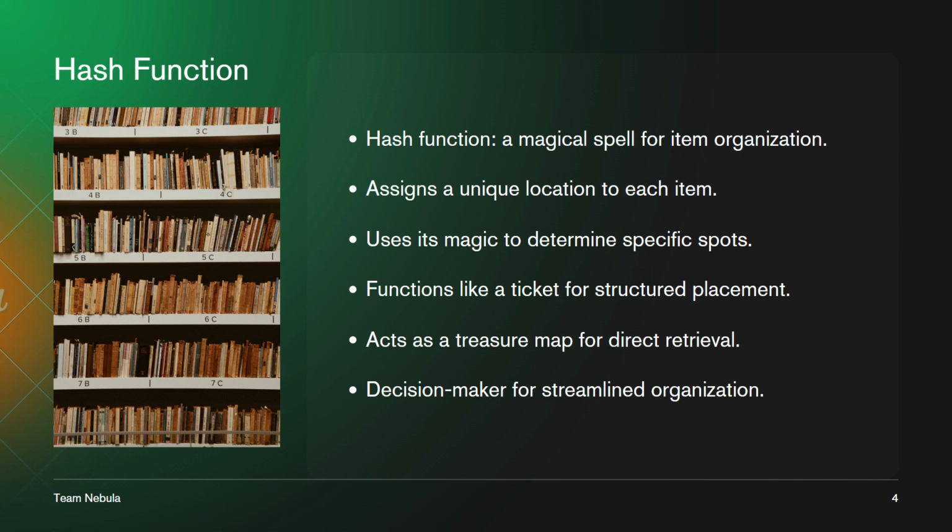It's a bit like a treasure map that leads you right to your X mark spot. So, a hash function is like a decision maker that takes each item and points it to a specific place in our storage table. This way, we can keep things organized and find what we are looking for in a snap.